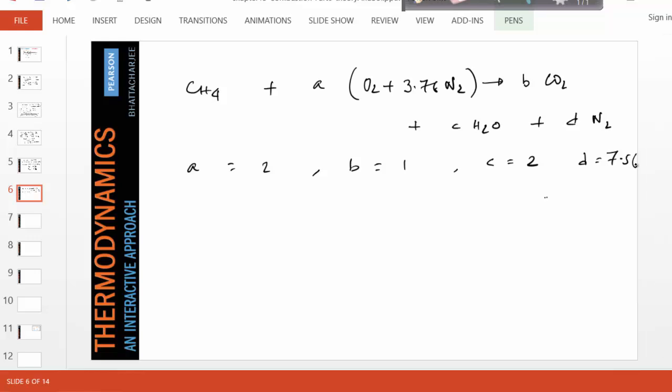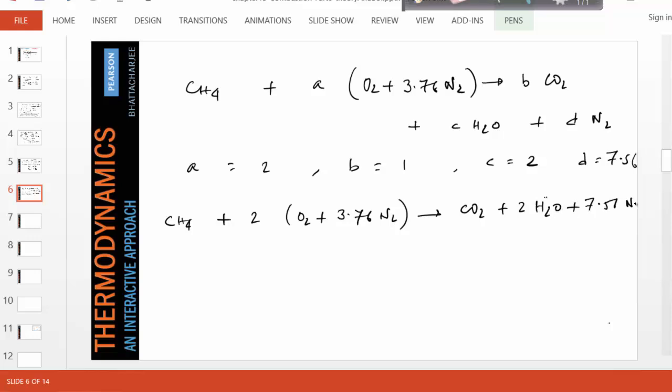In other words, if I write the complete theoretical reaction, A is 2, O2 plus 3.76 nitrogen, going to 1 CO2, 2 H2O, and 7.52 nitrogen. So the question is, 1 kilomole of methane reacts with how many kilomole of air?